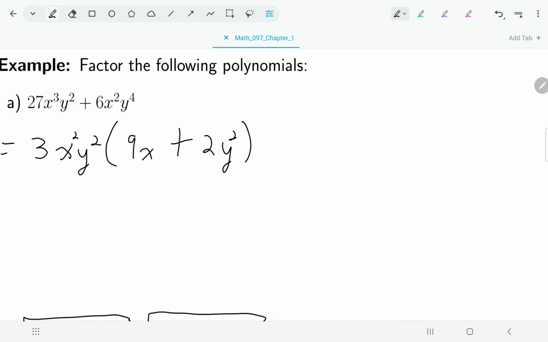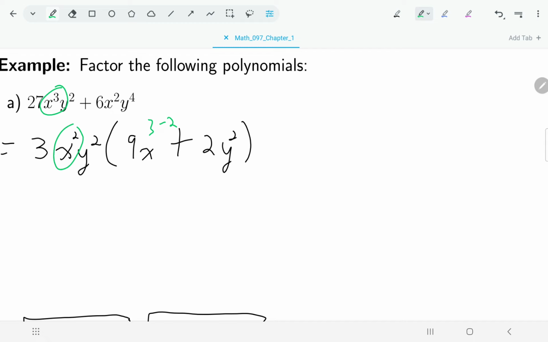Remember that we figured out what was left behind by thinking about division, in other words, by subtracting our exponents. The reason why we had 9x left behind from the first term was because when we had x cubed and we factored out x squared, the power left behind should be 3 minus 2.